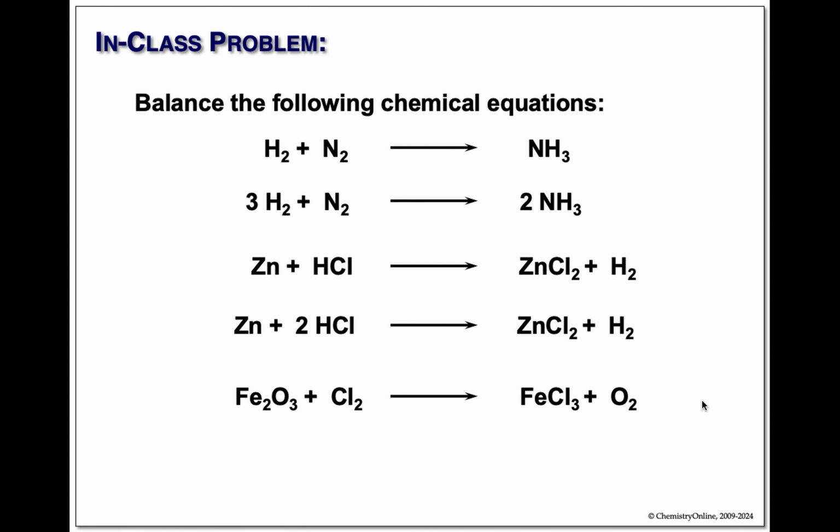On the last one here, we have 3 oxygens there, 2 on this side. Let's double it, make it even. Now, when we did that, that gave us 4 irons, right? We need a 4 over here.